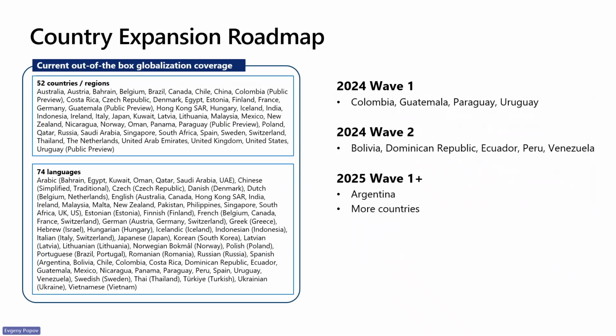Talking about our current country coverage and the roadmap, currently we support out of the box 52 countries or regions. Four of the countries in this list are in the public preview stage, and 48 are generally available. We also support 74 different languages. And in the coming updates, we are expanding the country coverage.